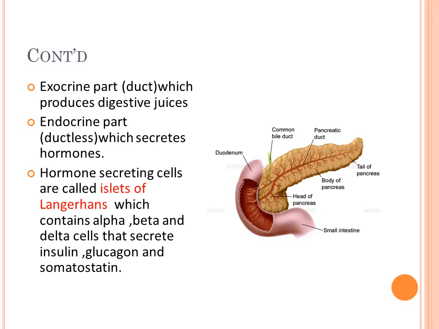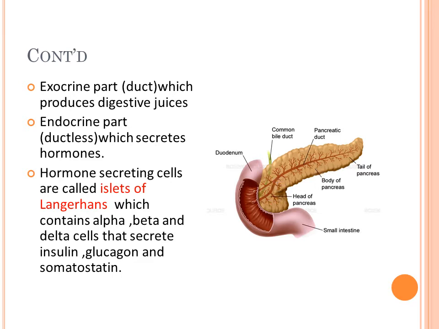So, it is an exoendocrine gland. The exocrine part is the part with the duct, which produces digestive juices. Here you can see the part with the duct. This is the pancreatic duct. Please do follow my red pointer over here. It is the pancreatic duct, and the part without the duct secretes hormones.